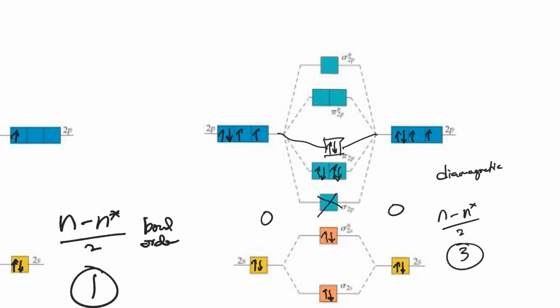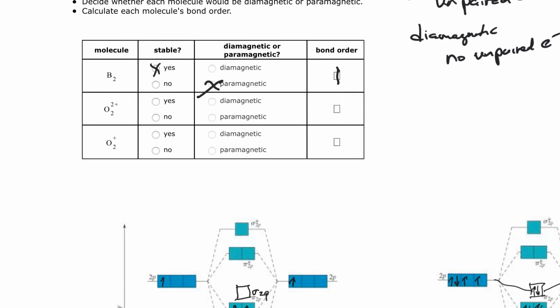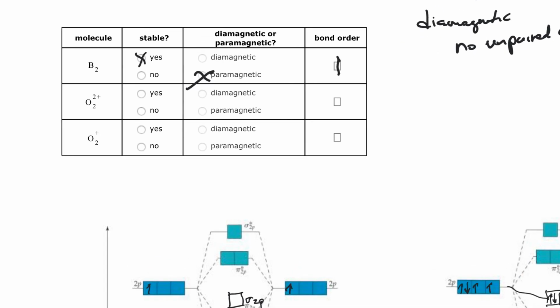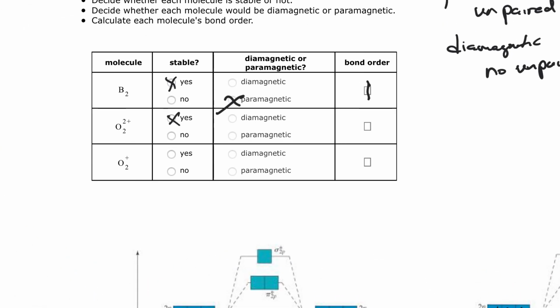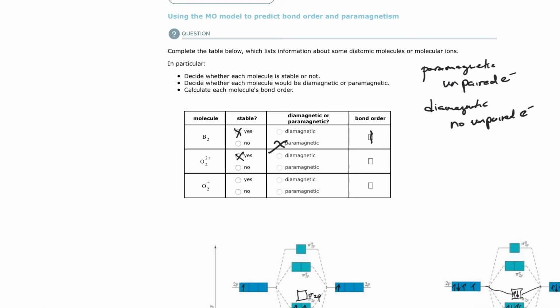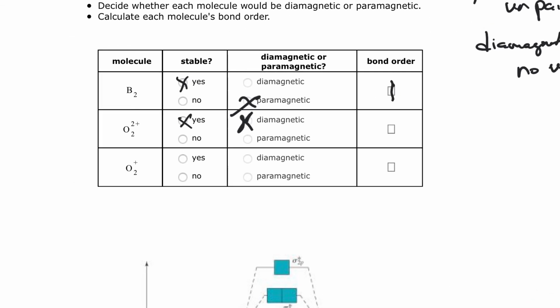And if I have a positive bond order, that means it's going to be stable. So is it stable? Yes, it's stable. Is it diamagnetic or paramagnetic? It's diamagnetic. And what is its bond order? It was 6 divided by 2, it was 3.